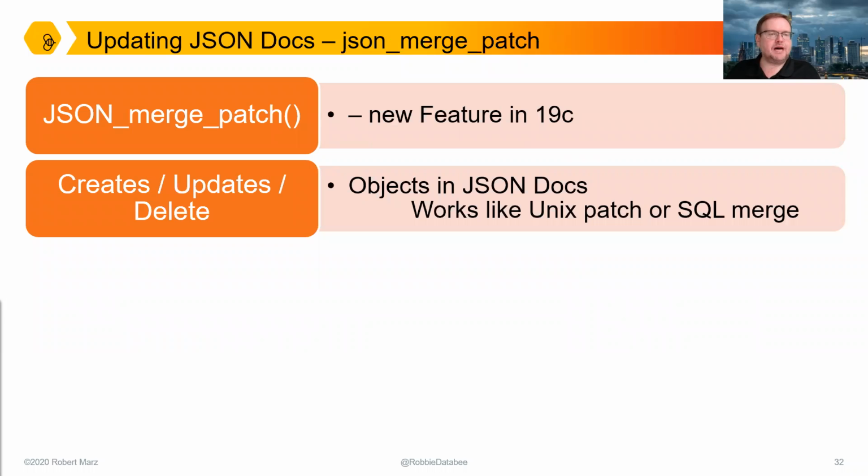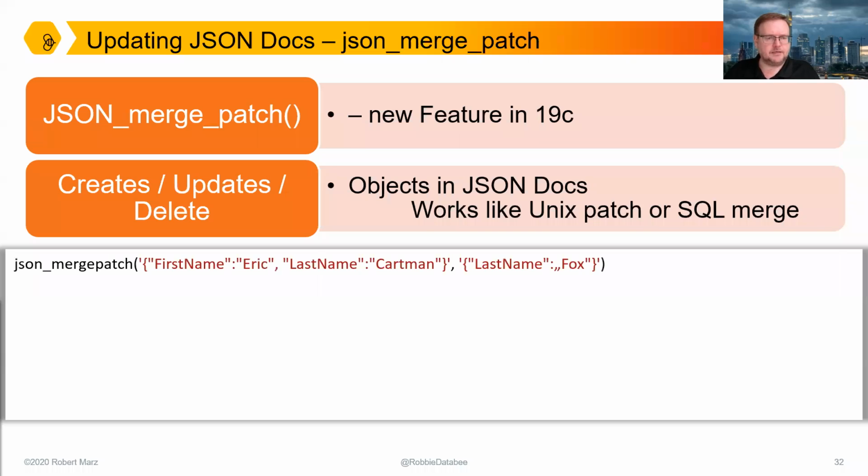So if you want to update JSON documents inside your database, you can use the function JSON merge patch, which is a new feature in Oracle 19. And that helps you to update, delete, or even create JSON documents. And it works a lot like the Unix patch or SQL merge command. So let's have a look at an example. JSON merge patch: the first argument is the JSON document.